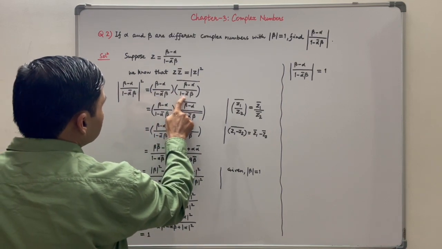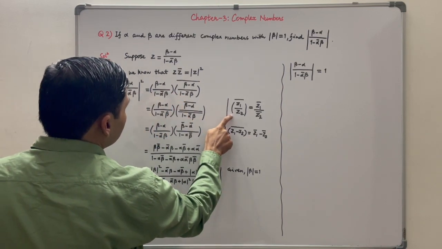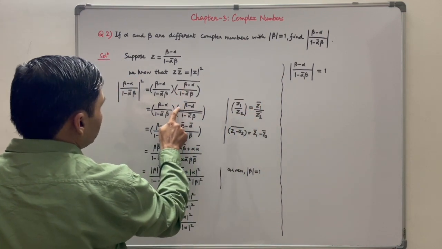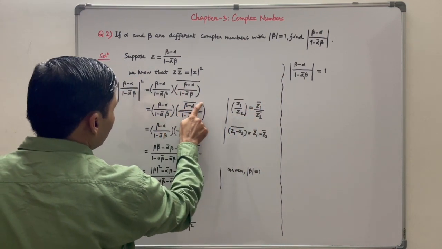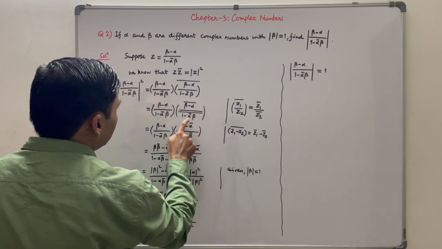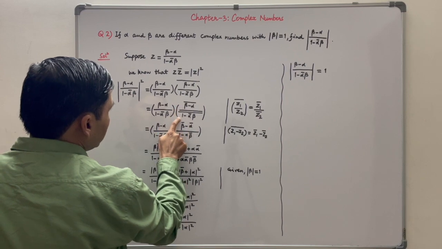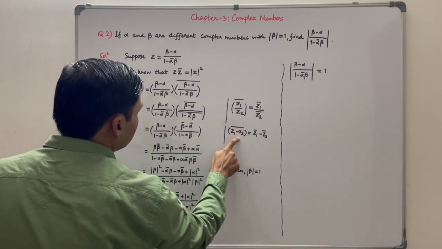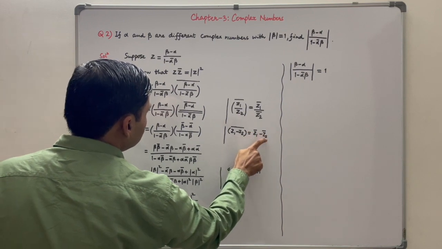This is in the form z1 upon z2, and z bar of that is equal to z1 bar upon z2 bar. So this can be simplified as (beta minus alpha) whole bar upon (1 minus alpha bar beta) whole bar. Now numerator and denominator both are in the form (z1 minus z2) whole bar, and that is equal to z1 bar minus z2 bar.